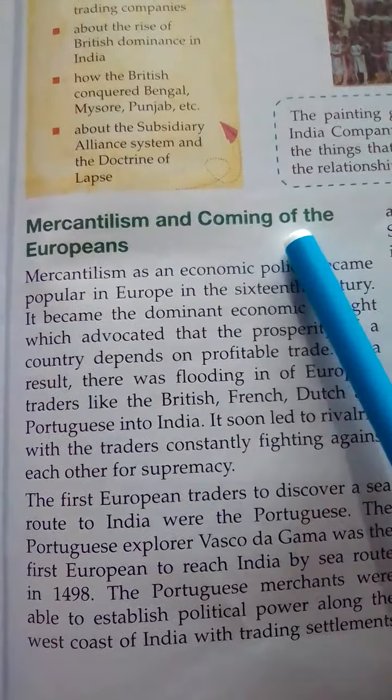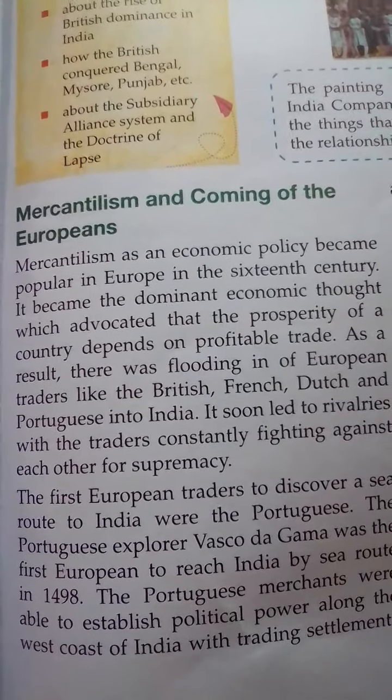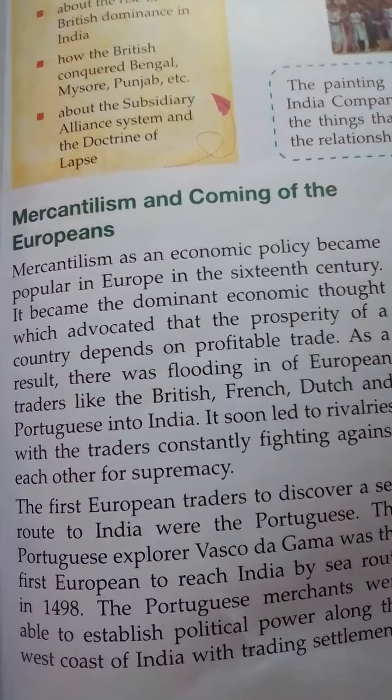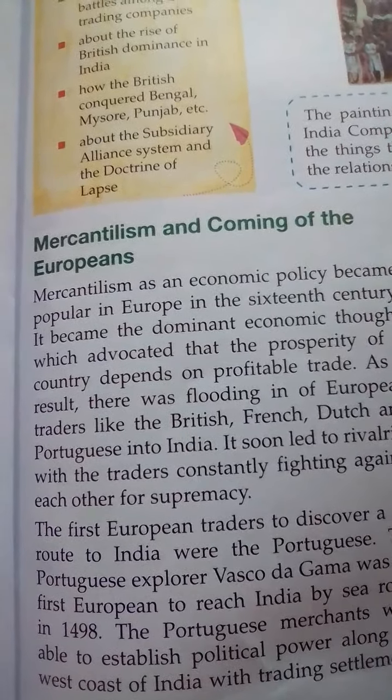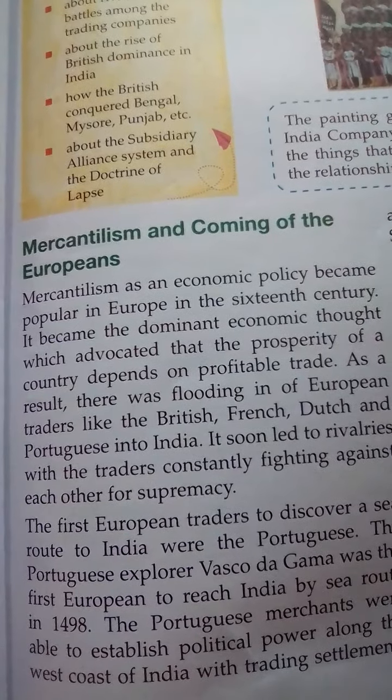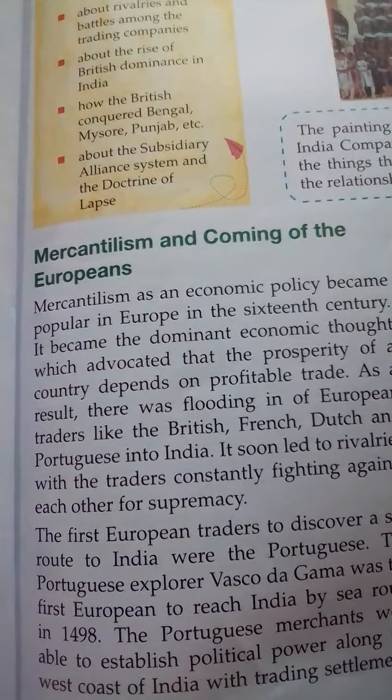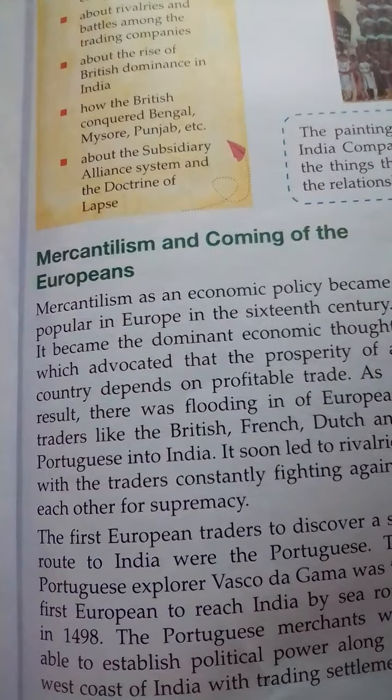Mercantilism and the coming of the Europeans. Mercantilism is an economic policy in Europe in the 16th century, the dominant economic thought being that the prosperity of a country depends on profitable trade.